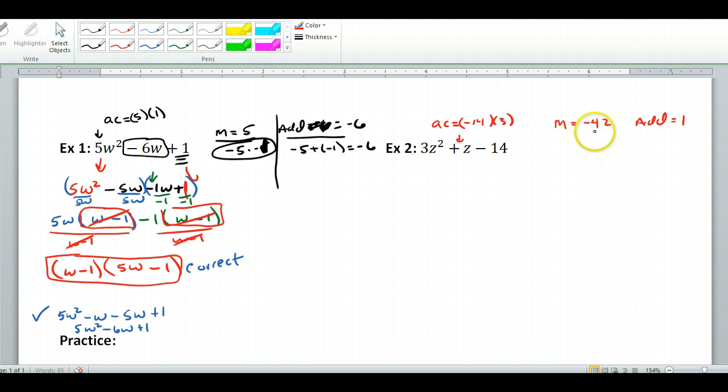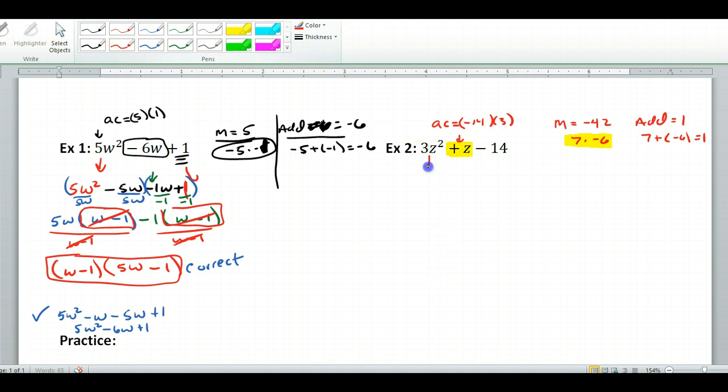So what numbers multiply to give me negative 42 and add up to 1? I know my bigger number has to be positive, because when I add them, I'm going to have to get a positive. So 7 times negative 6 gives me negative 42, and 7 plus negative 6 gives me 1. These are the numbers I will be using to rewrite this middle term.